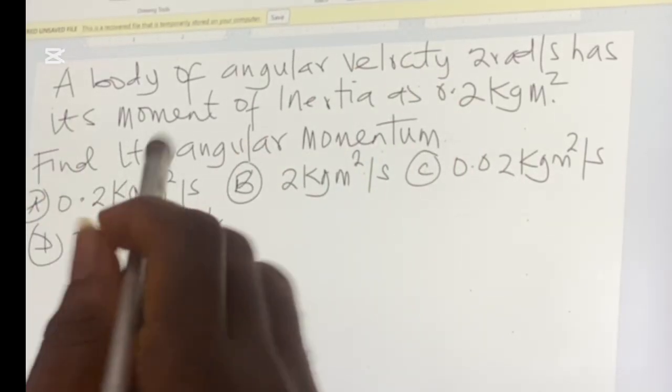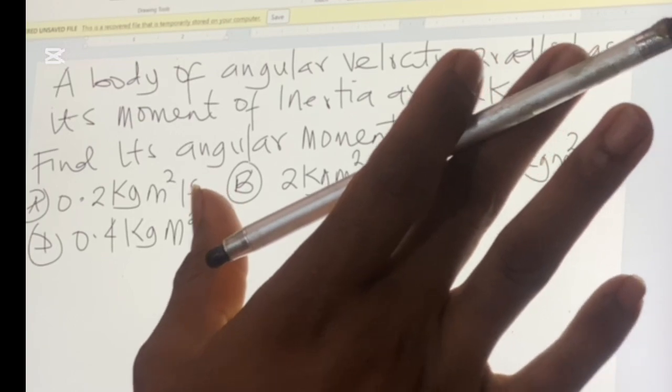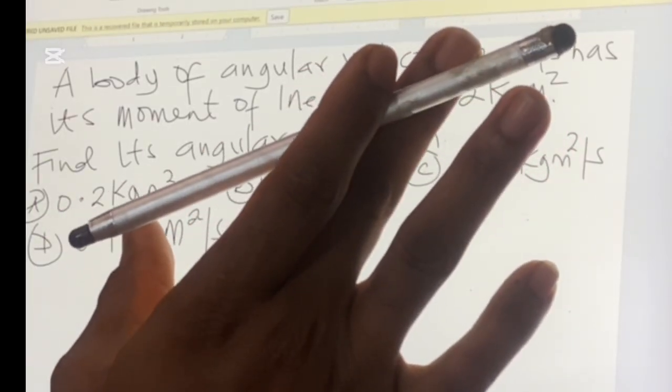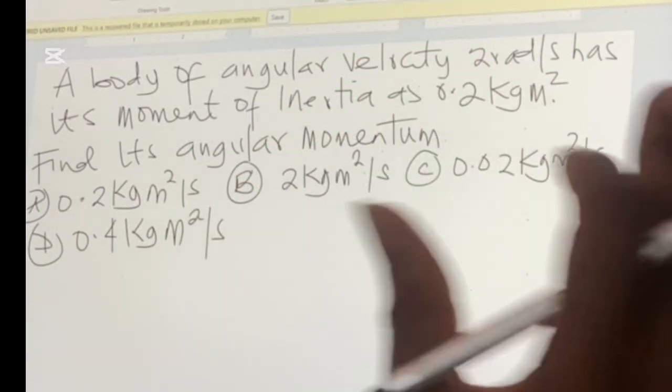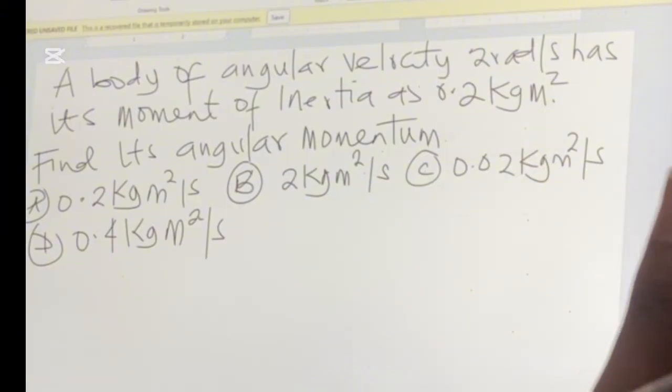Of course, this question here is basically on either circular motion or rotational motion; they are all together. Before we solve this question, we have to understand the analogy, that is the relationship between linear motion and rotational motion.